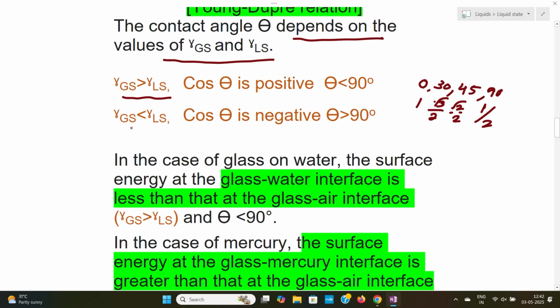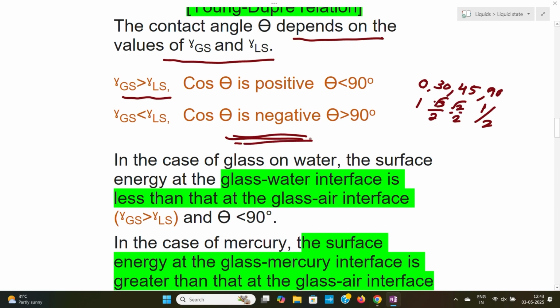When the surface energy of the gas-solid interface is less than the surface energy of the liquid-solid interface, cos theta is negative. That is, theta is greater than 90 degrees, and for theta greater than 90 degrees, cos theta has a negative value.